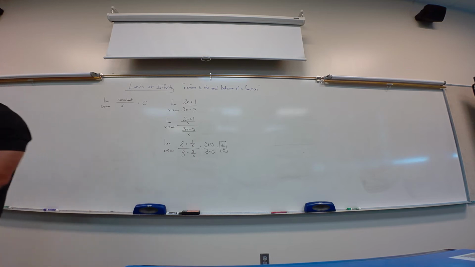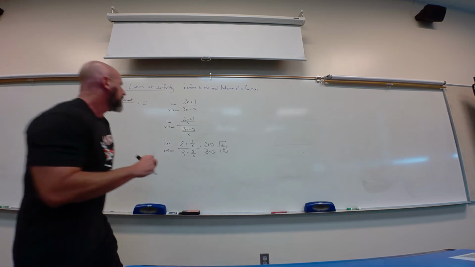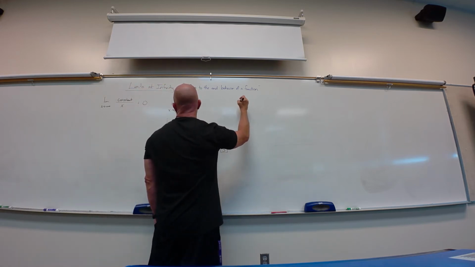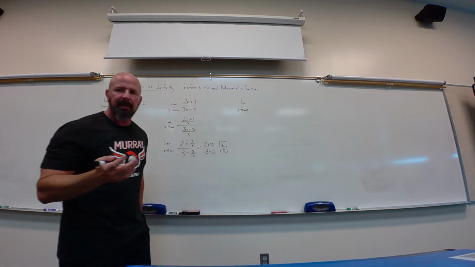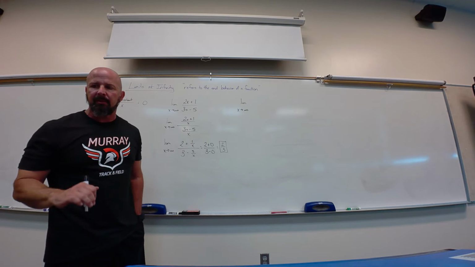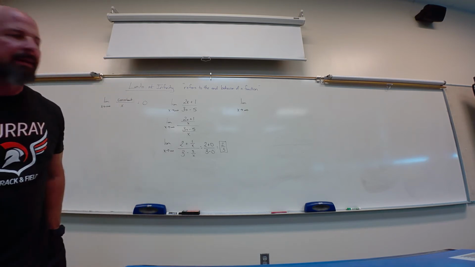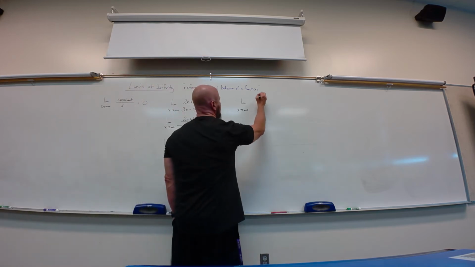Okay. Well, let's take it a little bit further, get some different powers up there. Let's say I had the limit as x approaches, and we'll just still stick with the positive infinity. It's not going to change anything versus the negative. Okay. And let's get a square in here.